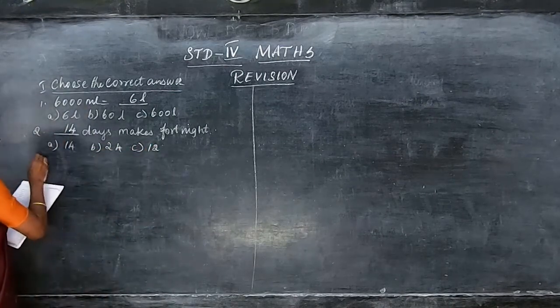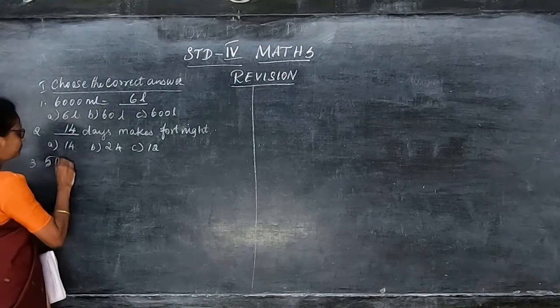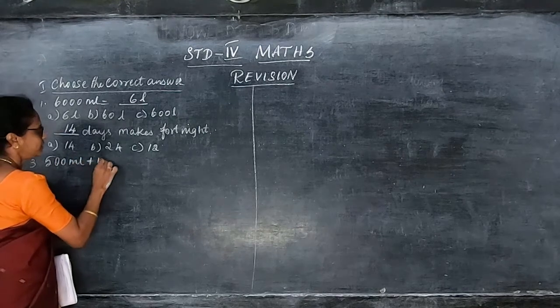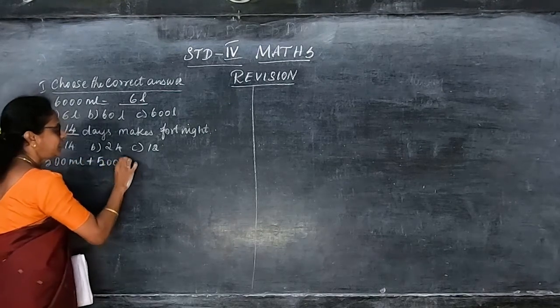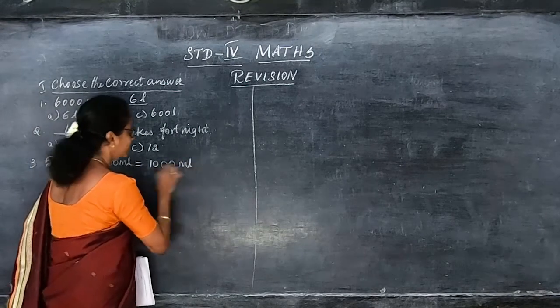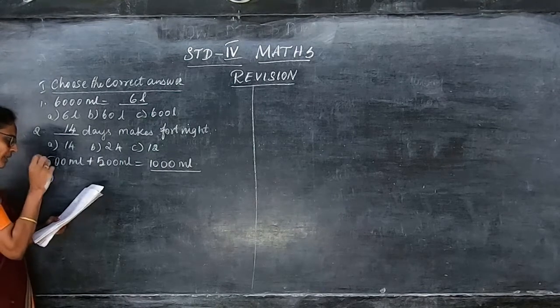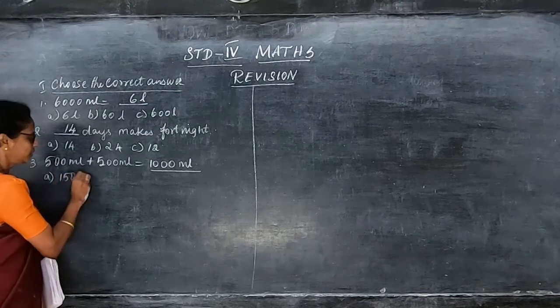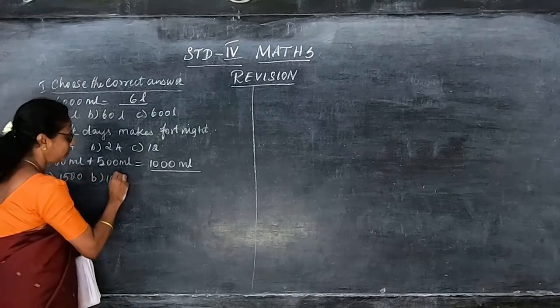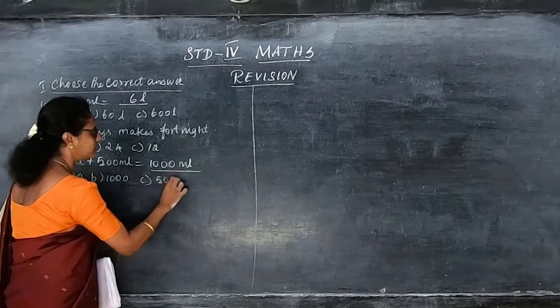And the third one is 500 milliliter plus 500 milliliter, that is equal to 1000 milliliter. So if it asks in milliliter, write 1000, and if it asks in liter, write 1 liter. Okay, so A is 1500, B is 1000 and C is 500.